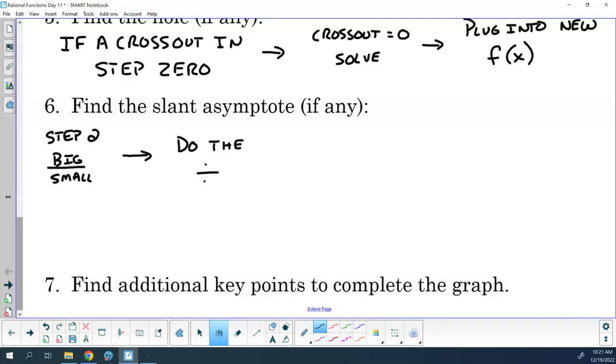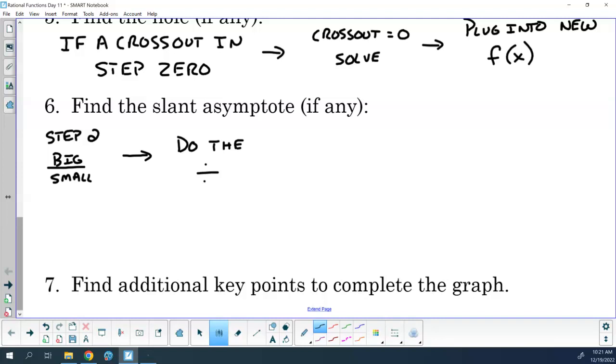Because it's squared, right? What's the only way I can divide by a square? Long division. Okay? So what does my divisor have to look like in order to do synthetic division? It's got to be linear. It's got to be a linear factor. Can't be a square, can't be a cube.